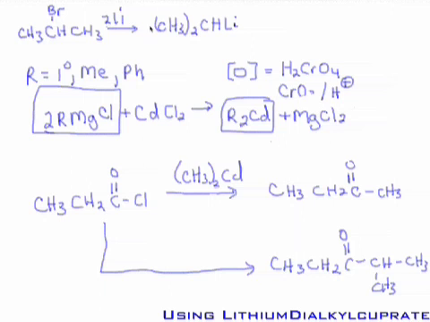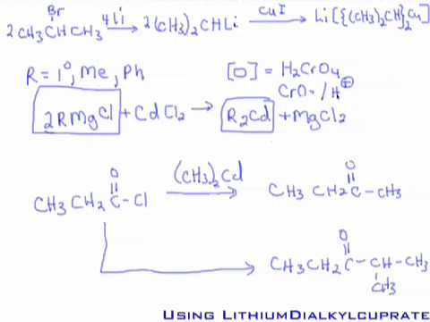Now, if I take two of those, so change this to 4, I get 2 of these. If I take 2 of these and react them with cuprous iodide, I can get lithium diisopropyl cuprate, right? So I can get CH3 twice CH, 2 of these attached to my copper.